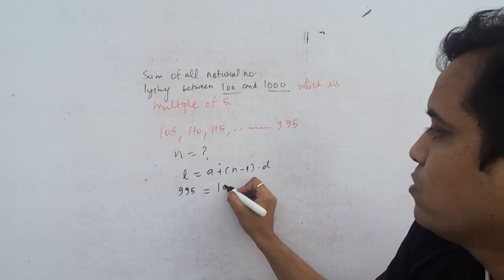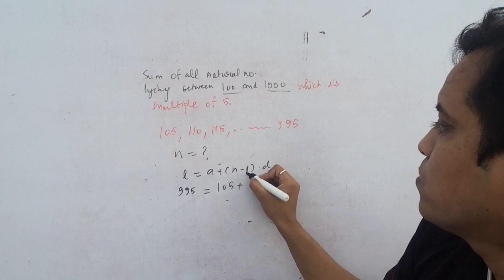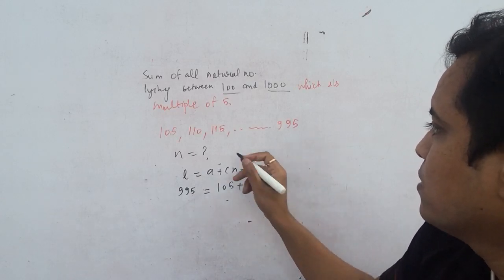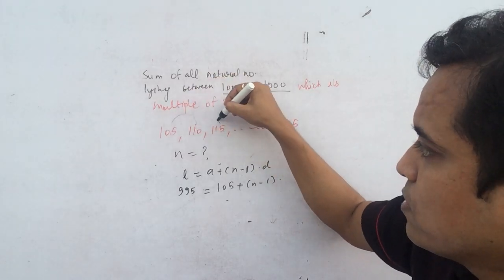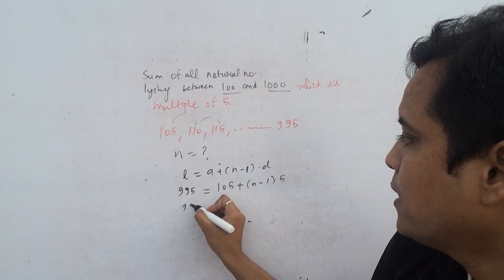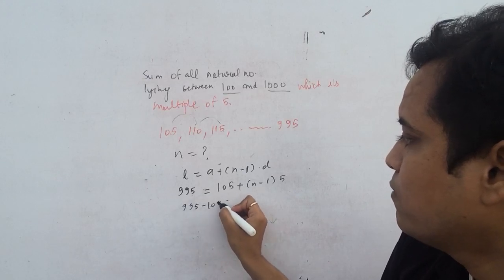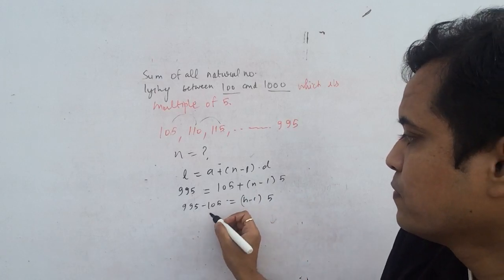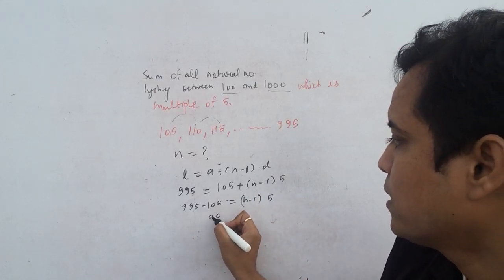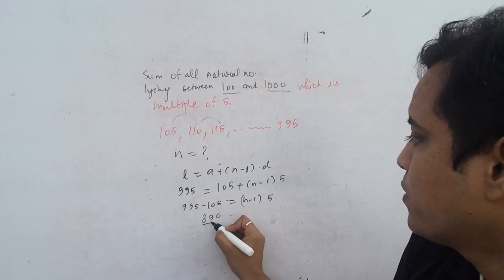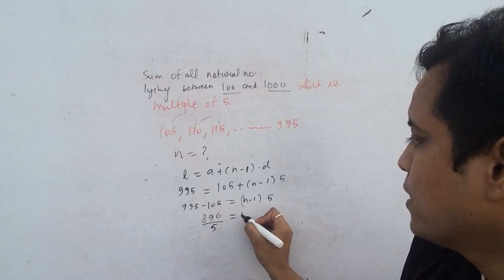A is 105 plus n minus 1 times d. How do you find the common difference? Always you get 5. So 995 minus 105 equal to n minus 1 times 5. So it is 890 upon 5 equal to n minus 1.